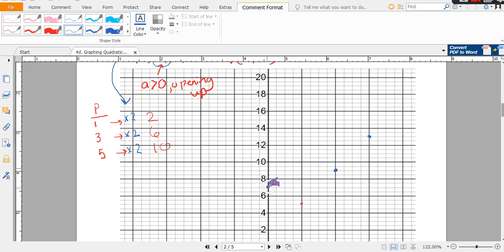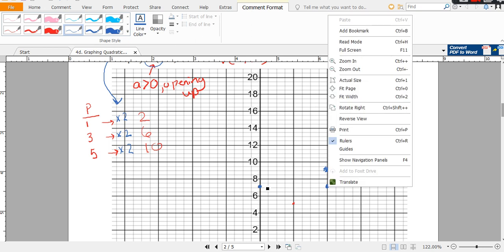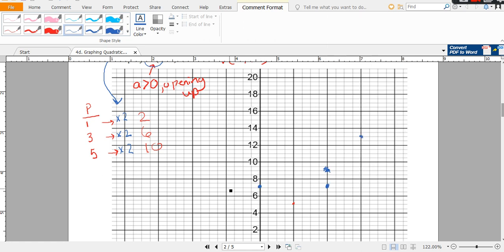Whoops, I made a mistake on the other side. It's supposed to be over here. And then over 1, and then up 6, which would be about right there, 13.